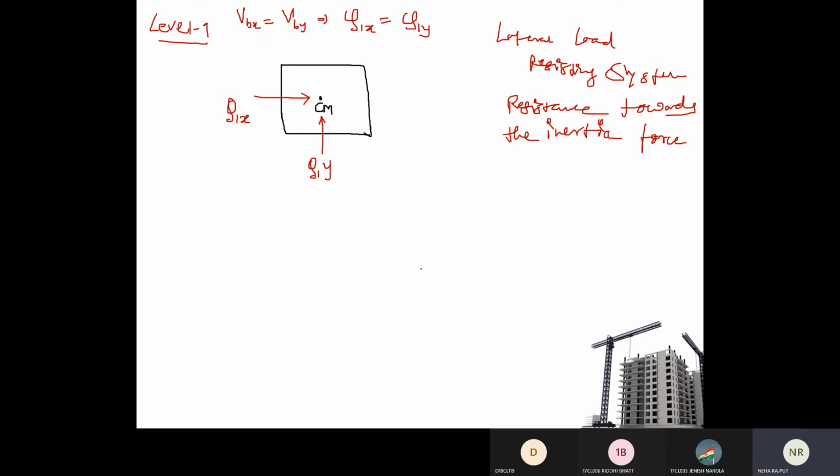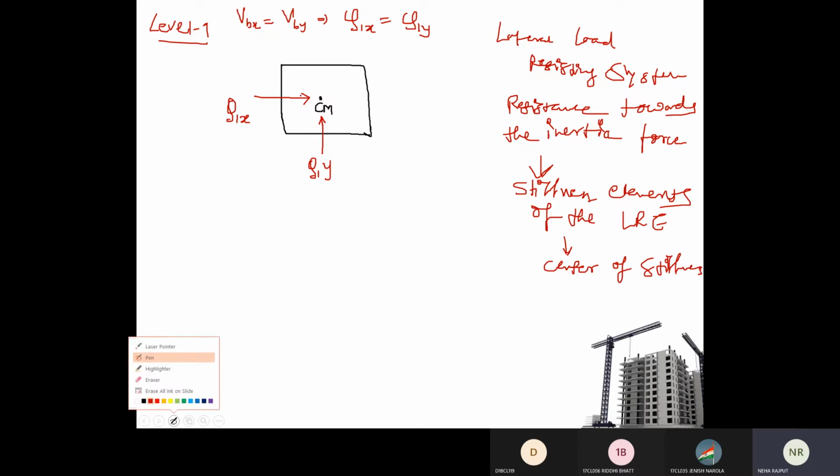Right, and that resistance will be offered by the stiffness element of the lateral resisting element, right, and that will form the center of stiffness point.